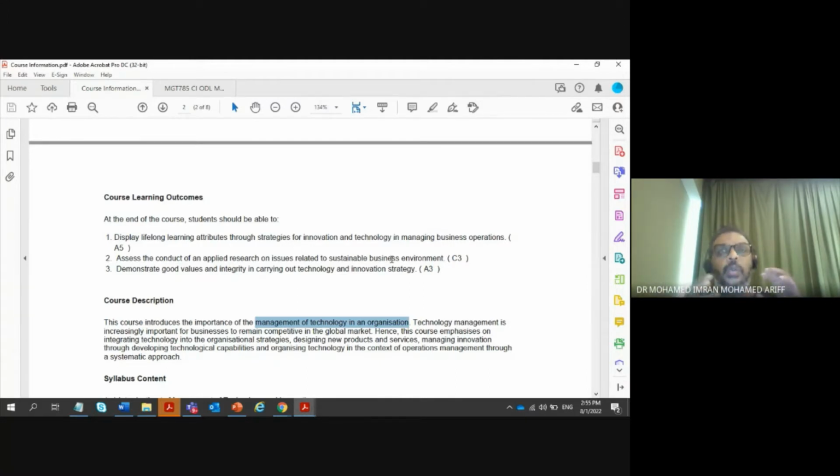You are going to propose to your department or your organization, we have to change, this is how we are going to innovate our products, this is the way to go. You are going to change your organization from a normal organization to a different organization using technology.